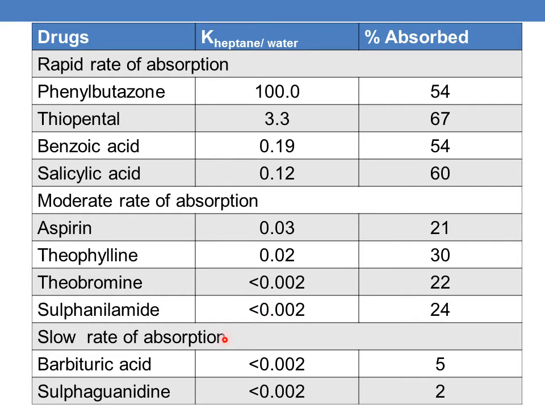Next are the drugs which have a slow absorption rate. The examples are barbituric acid and sulfaguanidine. Here the percentage of absorption is in single digits, 5% and 2%, which is very low, and similarly the partition coefficient is also very low. So from this table there exists a direct correlation between the partition coefficient and the percentage absorbed.